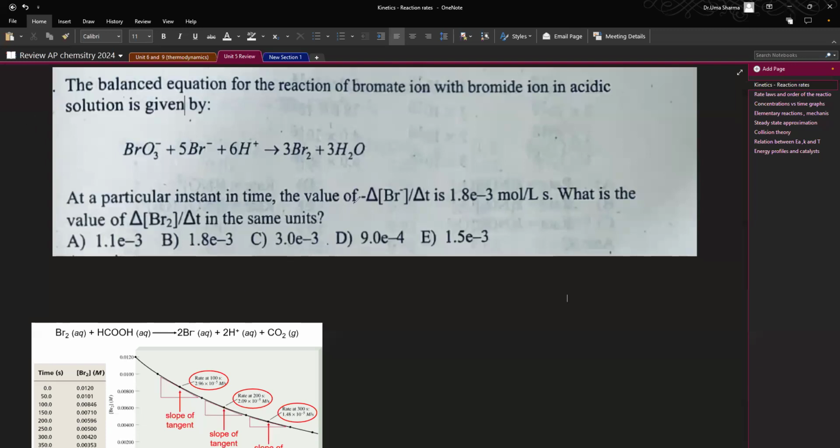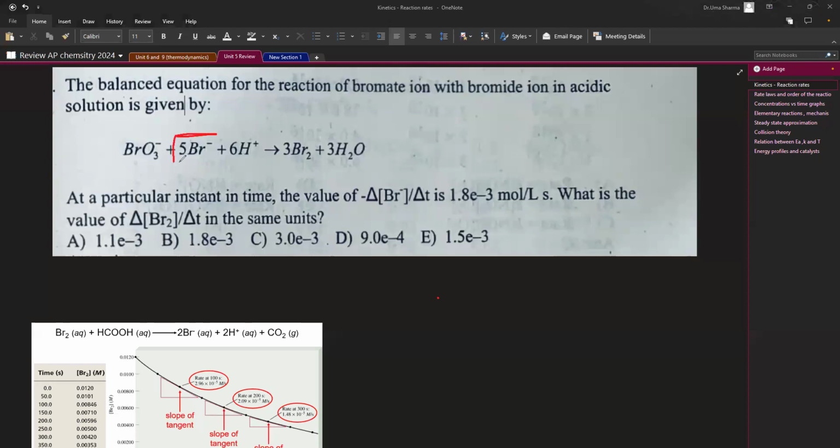So what is given to me is the rate of disappearance of this here. What are they asking? The rate of formation of this. So the rate of formation of Br2, delta Br2 over delta T, is, yes, this coefficient will go up, this one. It will be 3 over 5. Am I right? Oh, you people have done it.